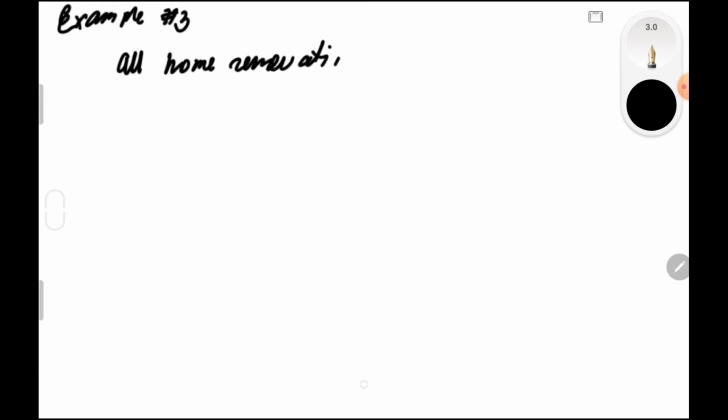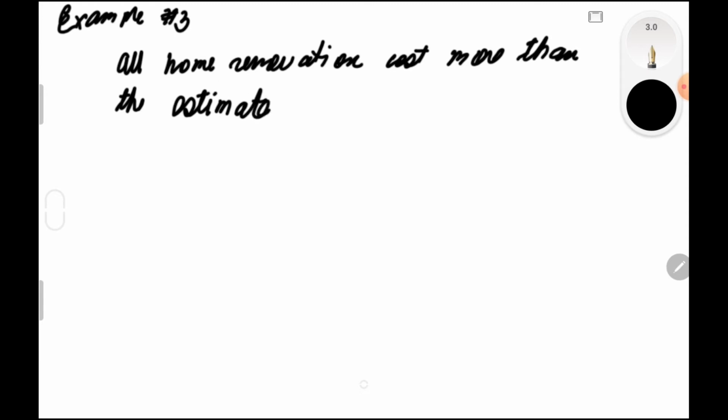Example number 3. All home renovations cost more than the estimate. This is our first premise. Second, the contractor estimated that my home renovation will cost 200,000.